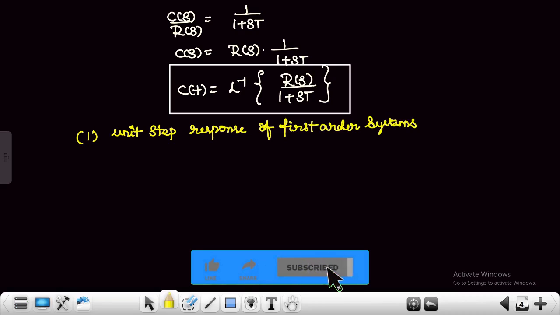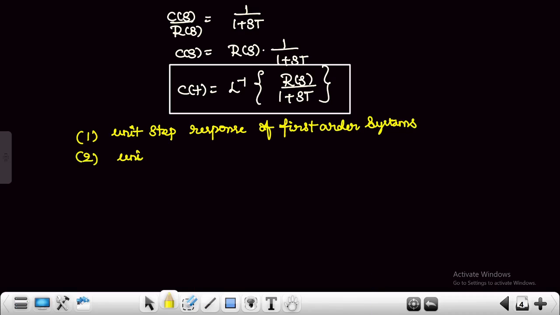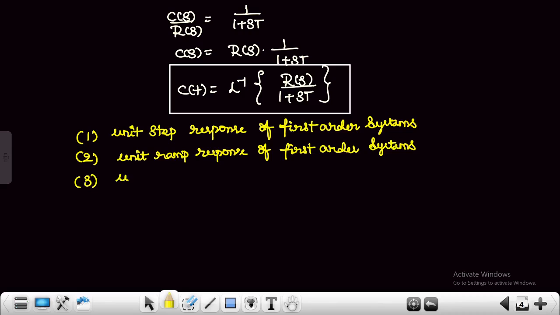We already know the types of signals used for testing of control systems. Second, I am considering the unit ramp response of first order system. Third will be the unit impulse response of first order system.